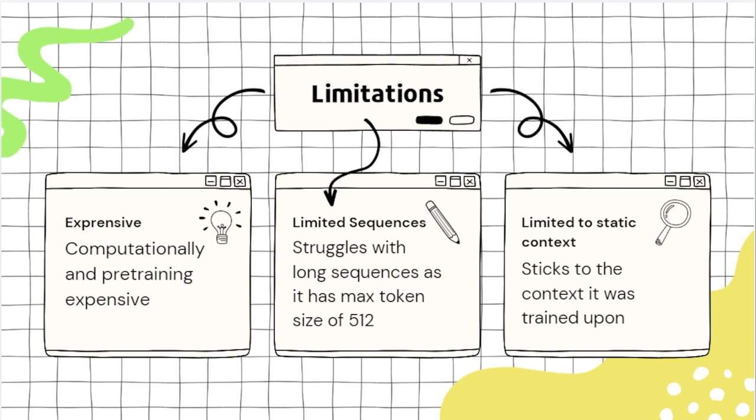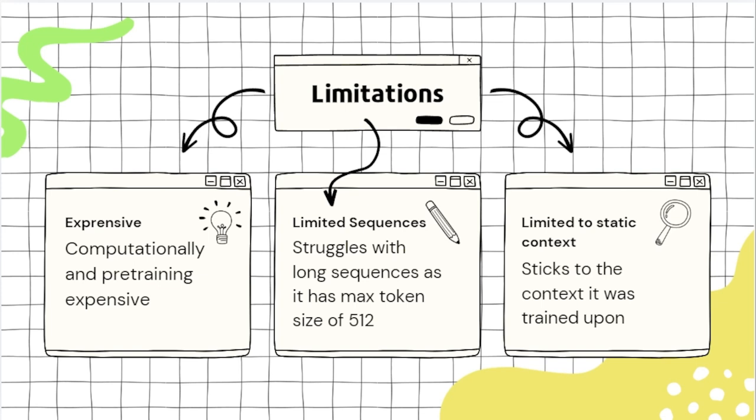Another problem is its limited input size. Currently, the max input or max token size is 512, which is very limited. And beyond 512, the data is truncated, which risks some data being lost.